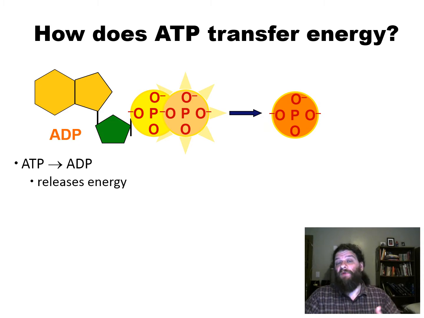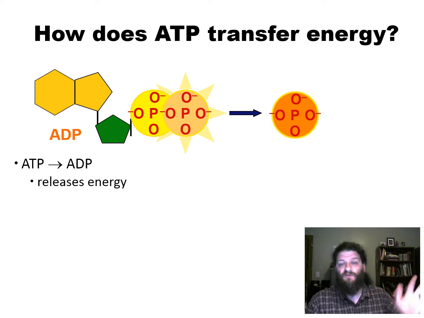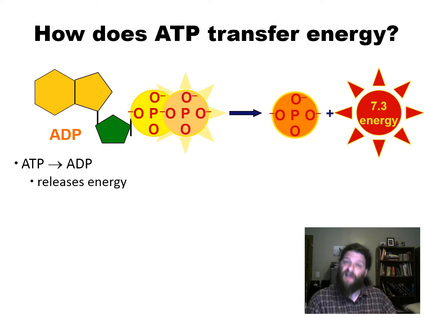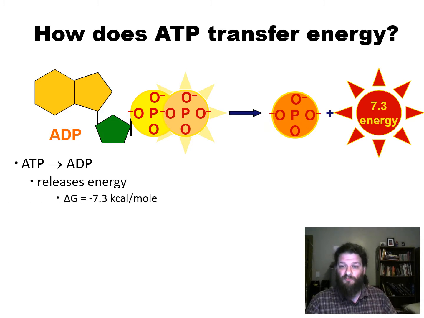And so we're going to talk about it being released, but it's not like going away. It's being used to do something else. So just hold that thought for a second. And the energy that is involved in holding that phosphate on, which is no longer holding that phosphate on anymore, is 7.3 kilocalories per mole. So that's our change in free energy.